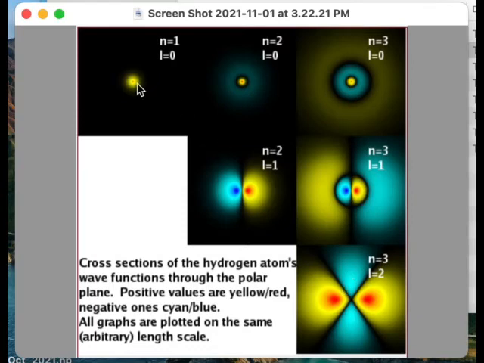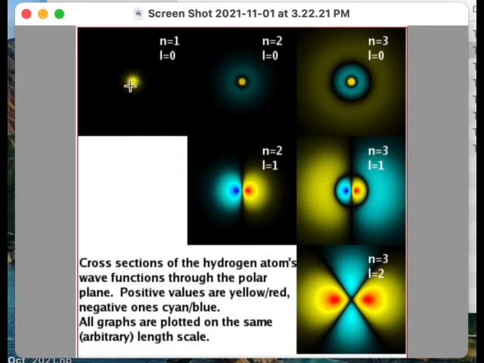Well, if you've taken a course in chemistry, you've probably seen pictures like this. And n can continue on to n equals 3, n equals 4, n equals 5. L can continue, L equals 0, 1, 2, 3, and so on. But always the maximum value of L is n minus 1.